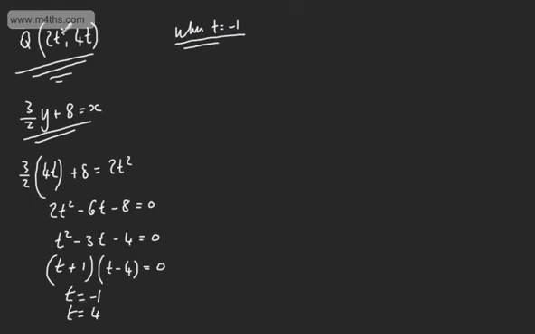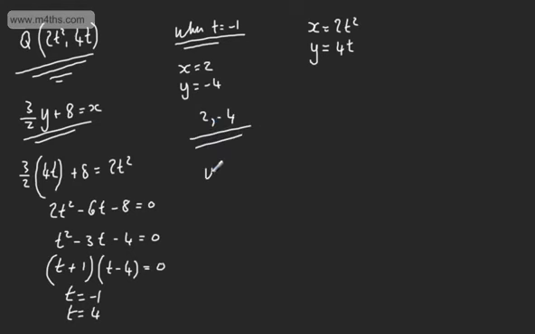This now is giving me the point. In parametric form, x is equal to 2t² and the y coordinate is 4t. If this point Q varies with t, all I'm doing is plugging these in. So when t is -1, x is going to be equal to 2, and y is going to be equal to -4. So we end up with this point, and that will be (2, -4).